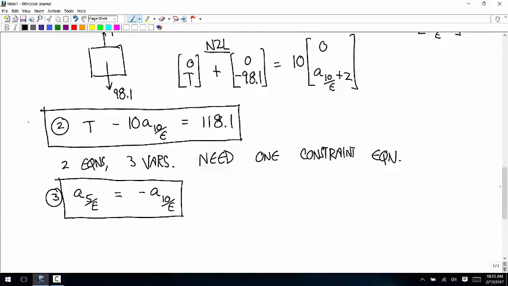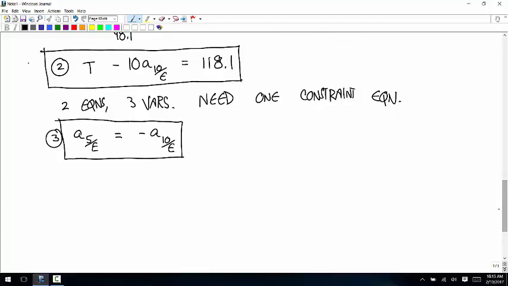Okay, so now we have this system. If we make this substitution, our first equation says T plus 5 A10 relative to the elevator is equal to 118.1, I believe.